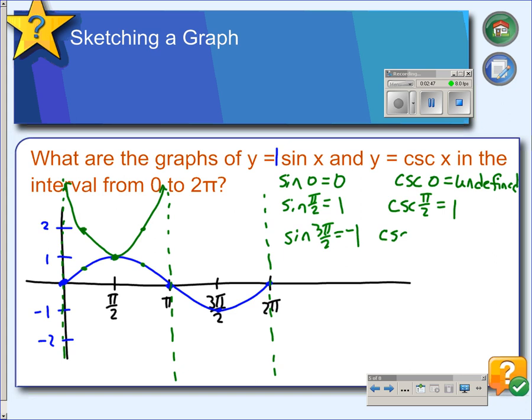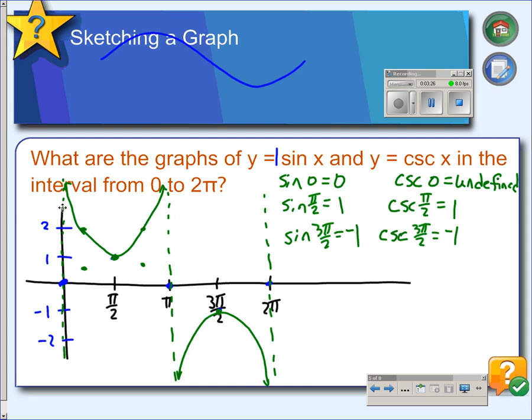So the cosecant of 3 pi halves will be the reciprocal of negative 1, which is still negative 1, right here. So in this region, the curve goes downward. So that's the graph of the sine of x and also the cosecant of x in the interval from 0 to 2 pi. If we were to take out the blue line, what we would have left is the cosecant of x.